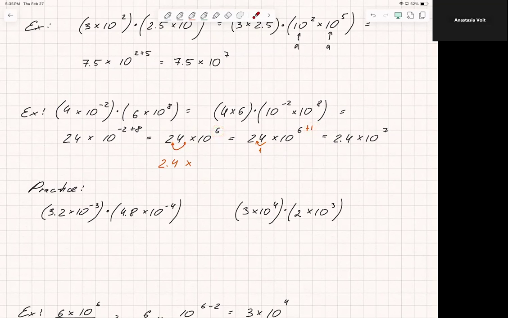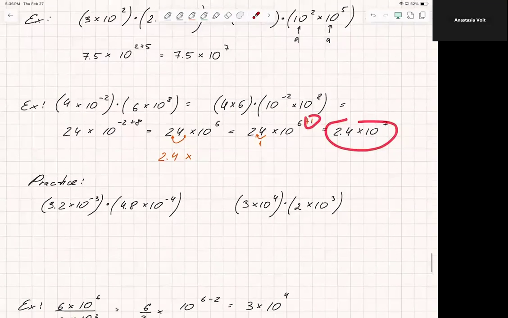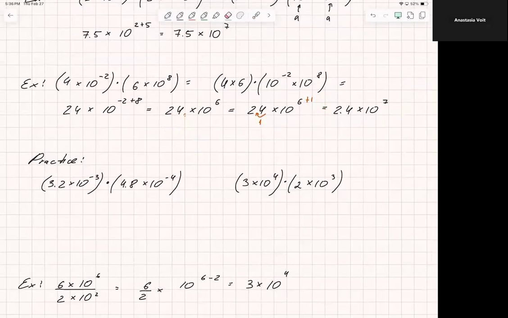So to the power of 6, we add one more power as we move from the original location of the decimal point to the new location, right? We add 1. So in this case, the new number in scientific notation would be 2.4 times 10 to the 7th power now.